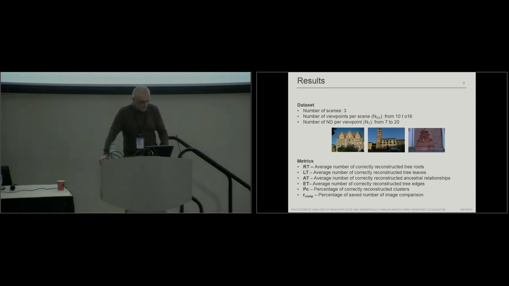The last 2 metrics are, first, the percentage of correctly reconstructed clusters with respect to the ground truth that we have, and the last metric is the percentage of saved image comparisons with respect to those made by the standard approach, which are something very similar to n square, where n is the total number of images that we are considering.